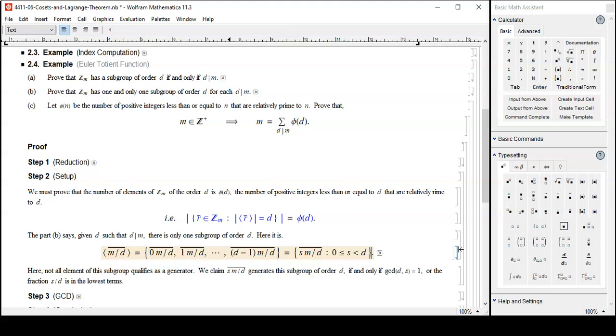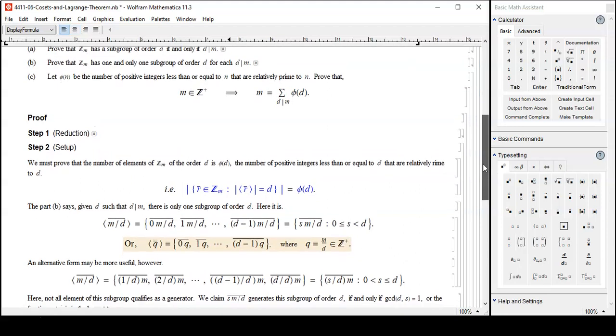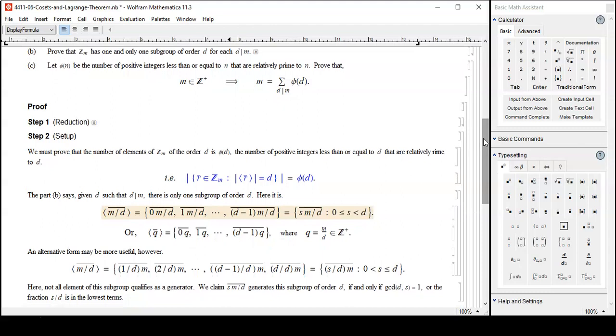If you don't like the m over d form, you can use the q form as we did before in part A and part B, where q is m over d. But here I didn't want to introduce you to too many characters. So q bar is your q, 1q, and we have up to d minus 1 q bar, all those. The same thing. m over d is q, that's an integer.